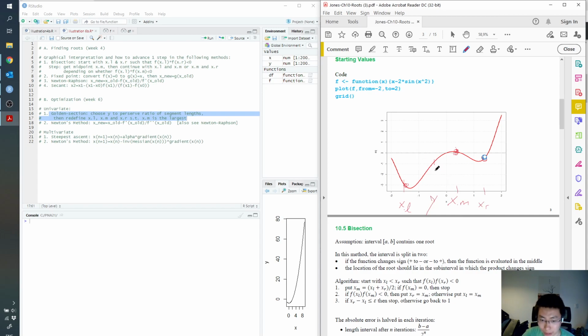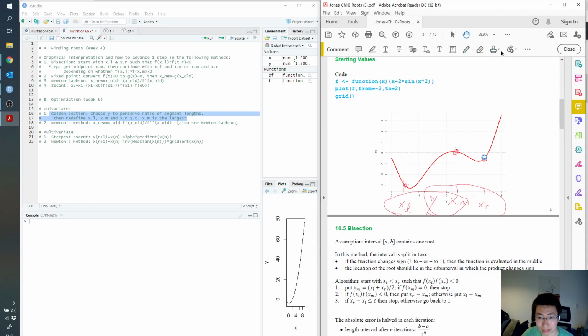And then I simply ask myself, what are going to be my XL, XM, and XR for the next steps? It's either going to be these 3 or these 3, but I keep in mind that my XM has to be higher than the other 2 points, right? So if I took these 3 points, obviously my XM would be lower than this point. So I have to continue with these 3 points, right?